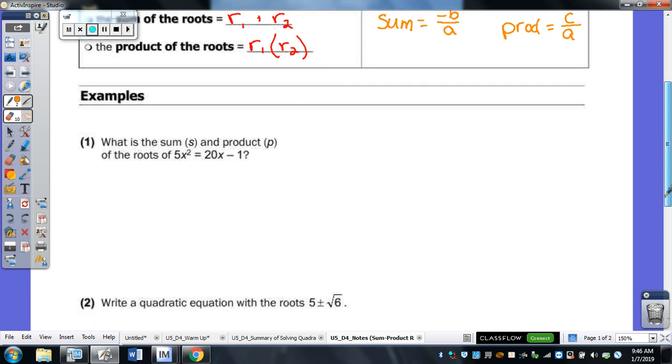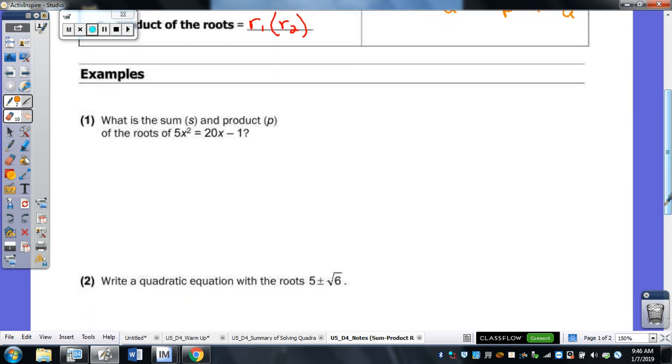So let's take a look at our first example. They want to know what is the sum and the product of the roots of 5x squared equals 20x minus 1. So first thing we have to do is get it into standard form. So get everything over to one side of the equal sign, have it equal to a 0 on the other side. So first thing I will do is subtract my 20x.